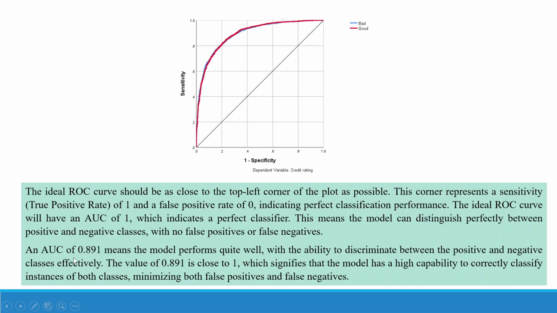So we got an AUC of 0.891, which means the model performs quite well with the ability to discriminate between the positive and negative class effectively. The value of 0.891 is close to 1, which signifies that the model has a high capability to correctly classify the instances of both classes, minimizing both false positives and false negatives.